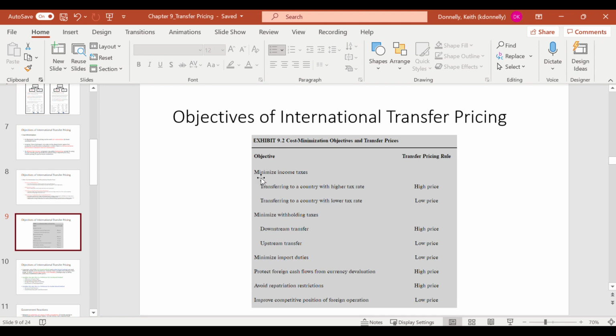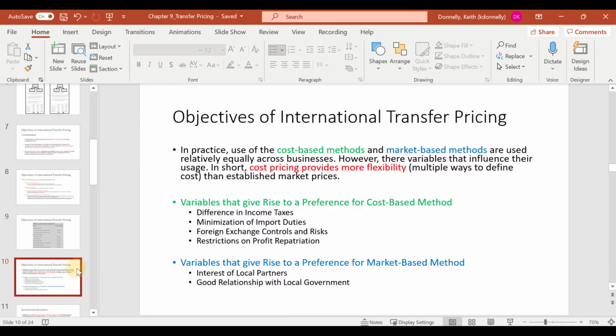If the cost minimization goal is to minimize income taxes, then for purposes of transferring to a country with a higher tax rate, you want to set a higher price. For purposes of transferring to a country with a lower tax rate, set a lower price. These are the transfer pricing rules with regard to each of those situations.